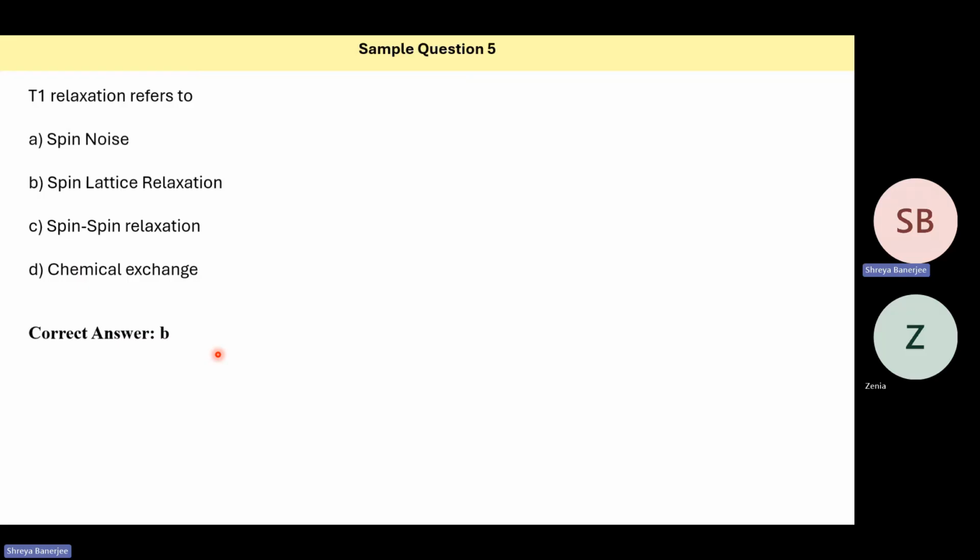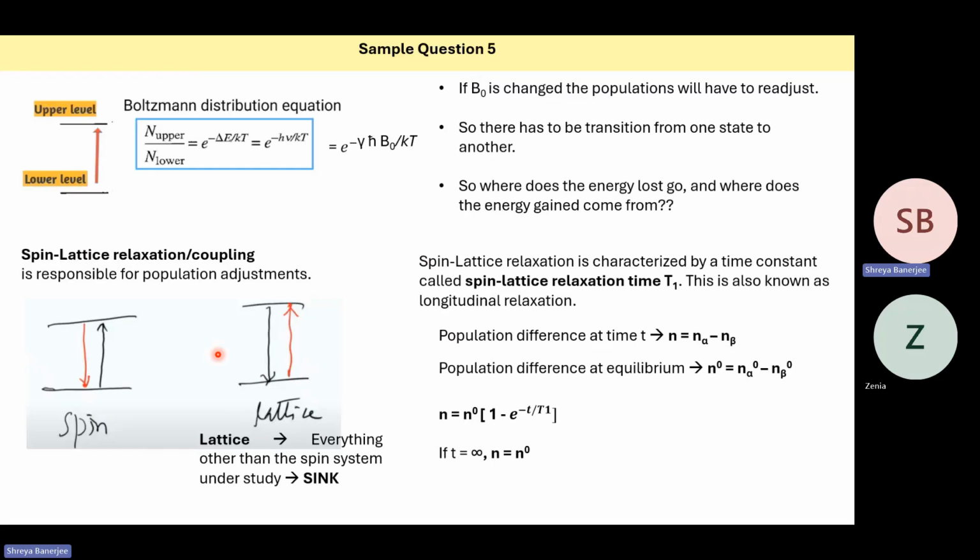So T2 is spin-spin relaxation. T1 is spin lattice relaxation.